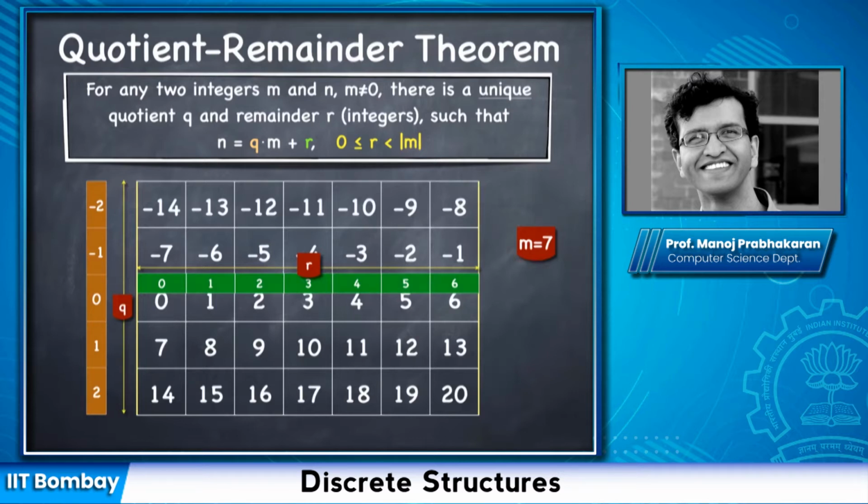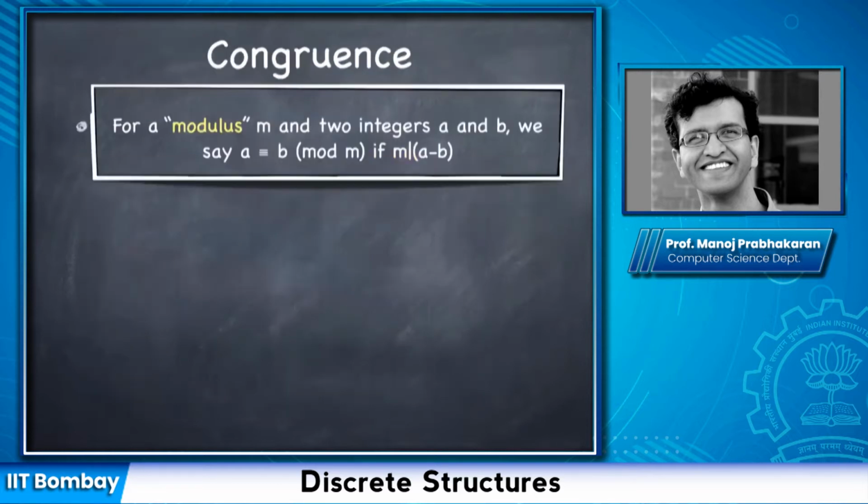Okay. And it'll be convenient to denote the remainder by this function. You read this as the remainder of n with respect to m, or the remainder of n when divided by m. So now, in terms of this, what does congruence look like?